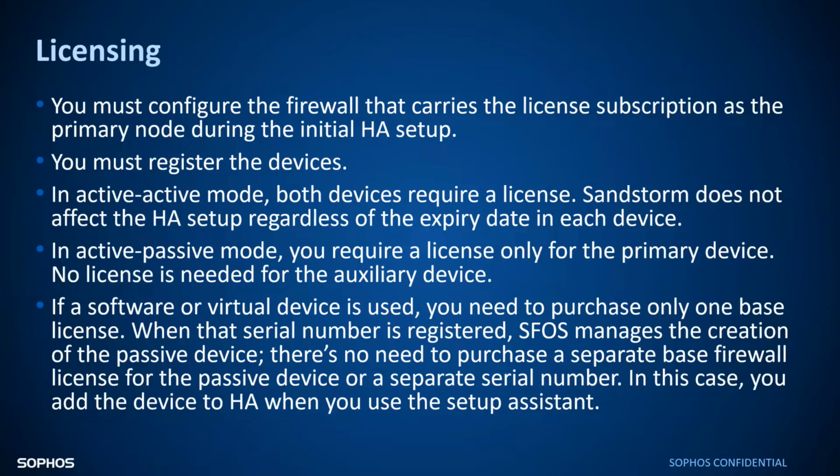Now, if we're talking virtual appliances, and you have the base license that you need to purchase in a virtual license, or you're doing the virtual hardware as a service through the MSP program, you only have to have the primary unit license. You only need a base license for the primary unit with a subscription on it in order to enable the active passive. The virtual license for your passive unit does not need to have a purchased base license. It will share the base license from the primary.